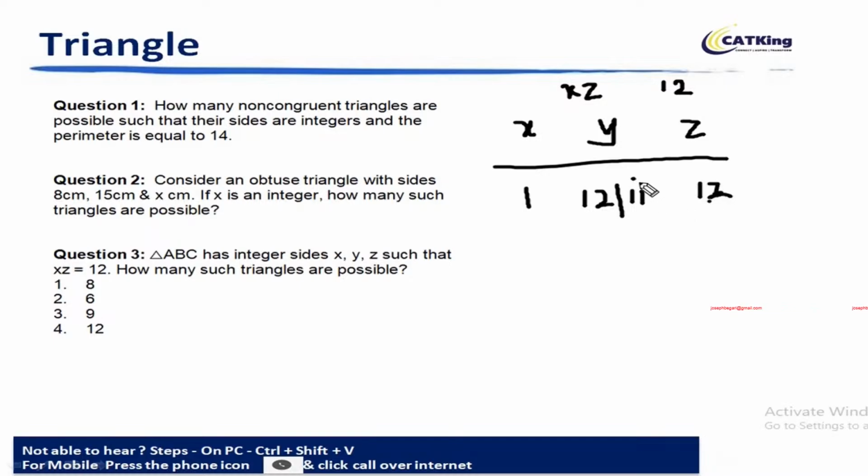So the value of y as 11 is not possible. What if the value of y is 30? Then again, the sum of two sides is not greater than the third side. So this value is also not possible. So only one possible value is 12.